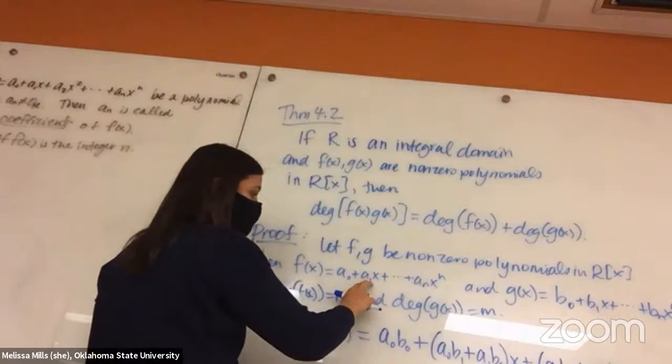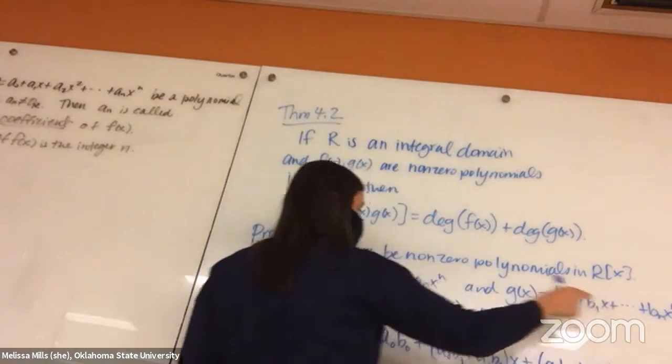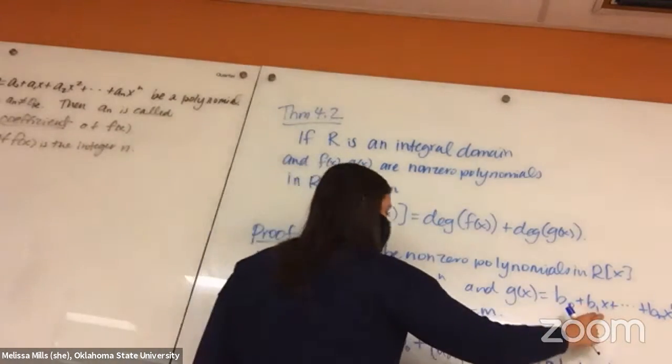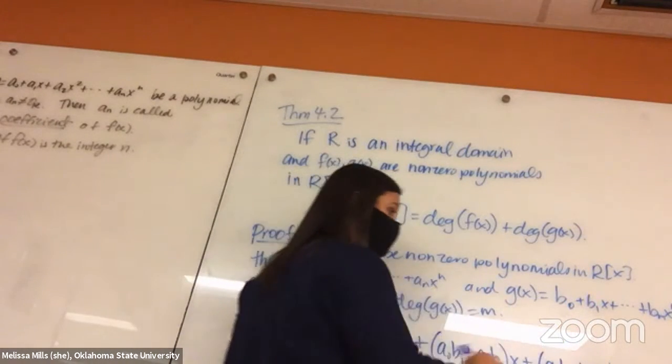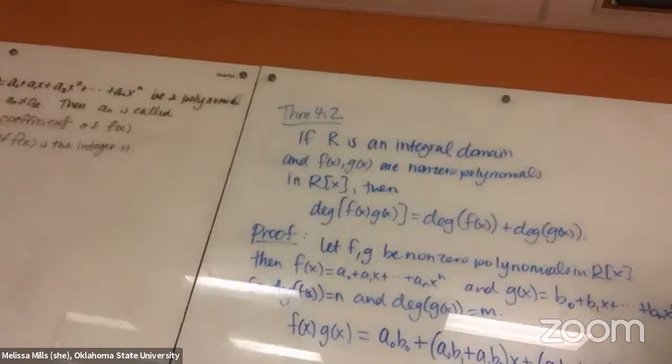Or if I multiply the linear term here by the quadratic term there, or the quadratic term here by the linear one here, or the cubic one here by the constant one there, right? That's the way I'll get cubic. So I'll have a naught b3 plus a1 b2 plus a2 b1 plus a3 b naught.